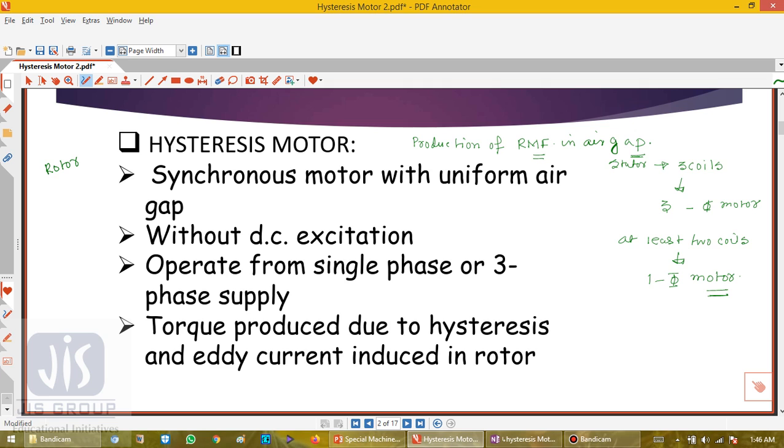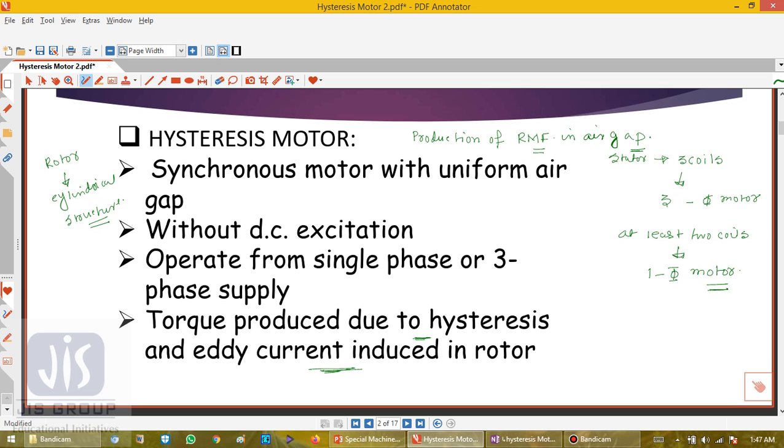And the rotor is basically of cylindrical structure. Okay. And in a hysteresis motor, torque is produced due to hysteresis and eddy currents induced in this cylindrical rotor. So the torque is produced due to hysteresis and eddy current induced in this rotor.